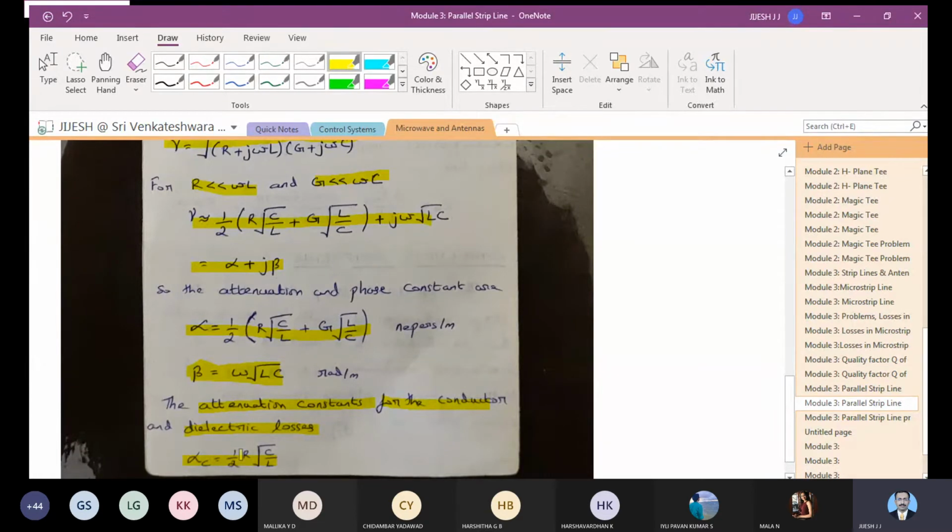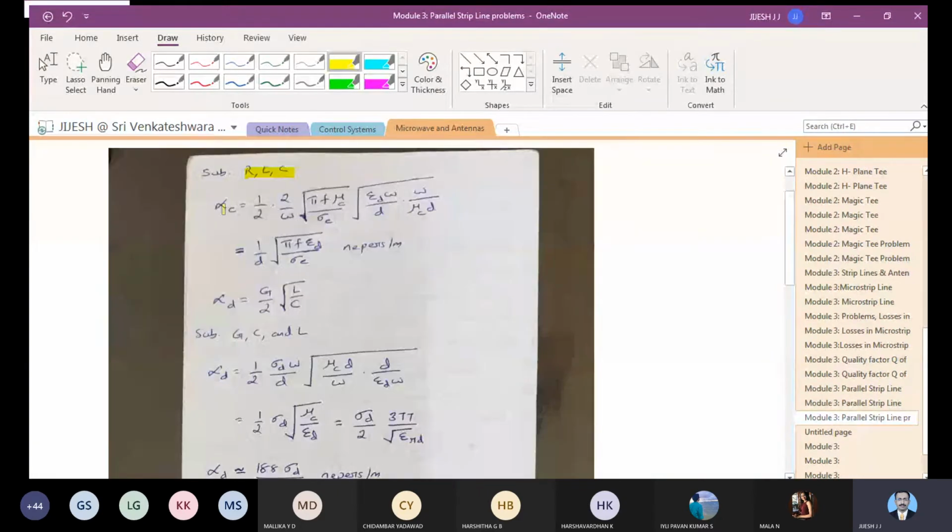When you substitute all the values, you get it in this form: alpha C is equal to 1 by 2. Substituting R, you get 2 by w root of f mu c by sigma, and substituting L and C, you get omega epsilon d by d and omega by root of mu c d.